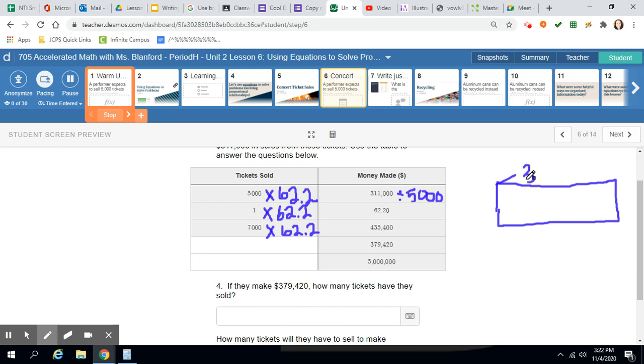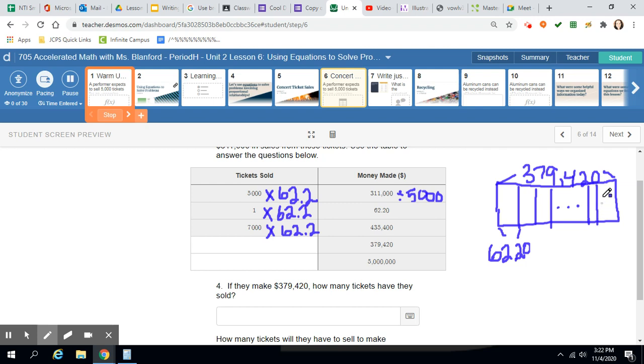So they made $379,420. And we know that every ticket, I'm going to have to write it down here. Every ticket price is $62.20.